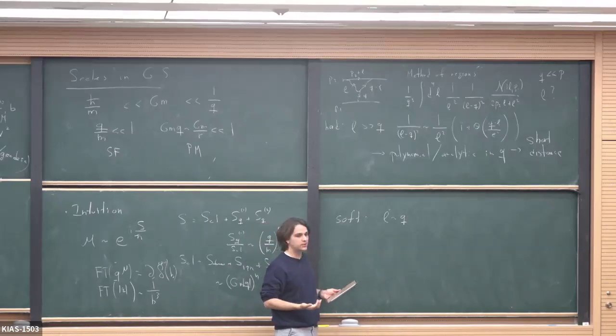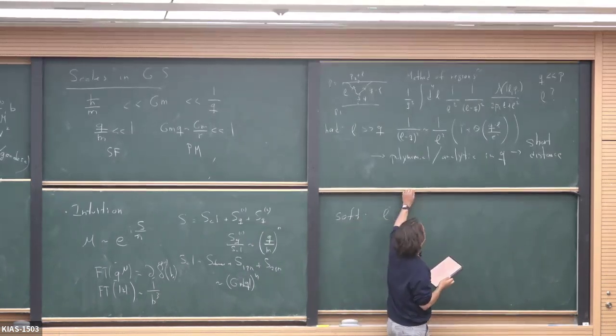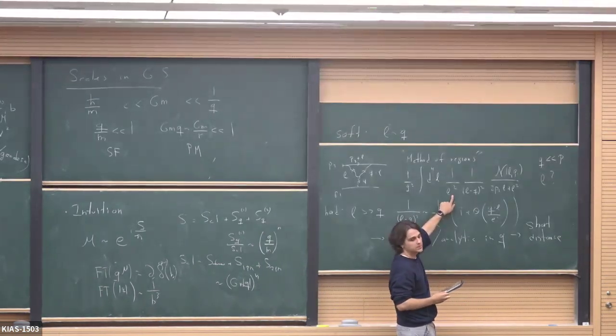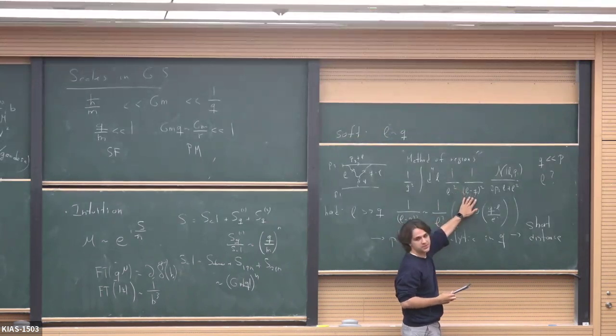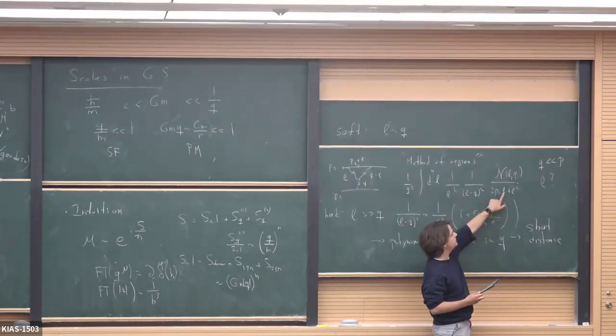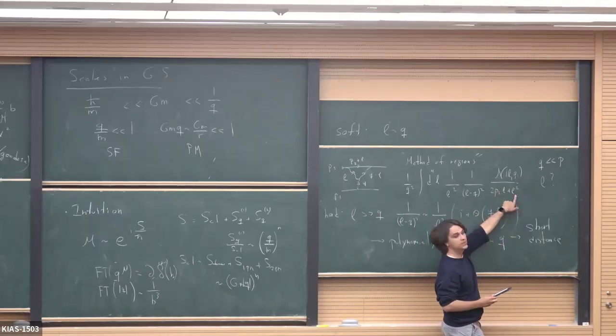So let's just say that L is of order Q, right? And then let's see what happens. So if L is of order Q, then this thing here is homogeneous. This here is homogeneous. This one is not homogeneous because now we have something that goes like P dot L. So Q is much smaller than P. So this term here is bigger than this because this goes like Q squared now.